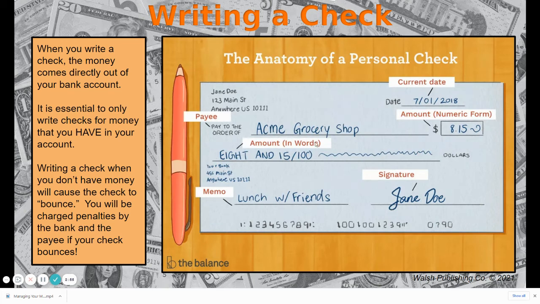So you're writing the amount in words on this line, whereas this is where you're writing your amount in numbers. Spell it out. Then you write a memo because you need to know what you wrote this check for, and it gives you a good reminder. And then your signature. It is important to work on your signature because your signature is a unique way that you will sign important documents, official documents.